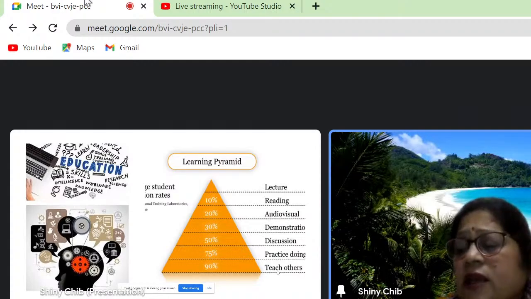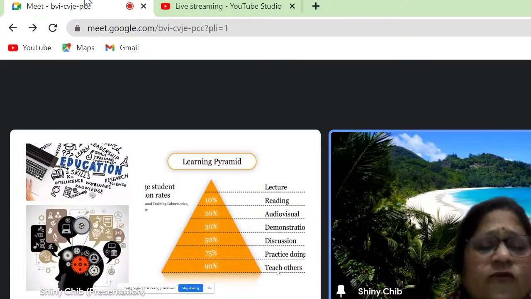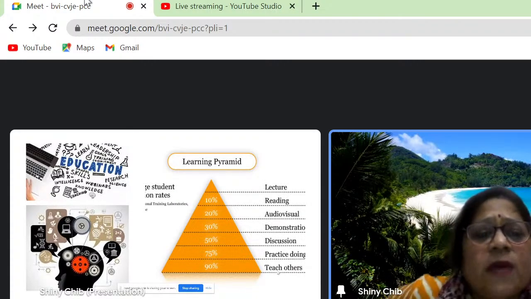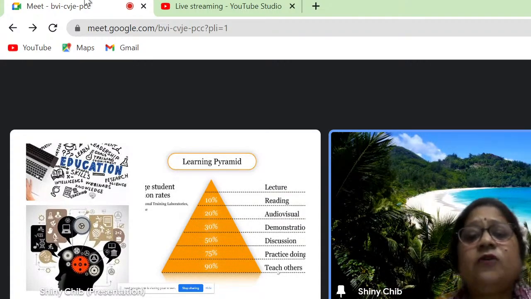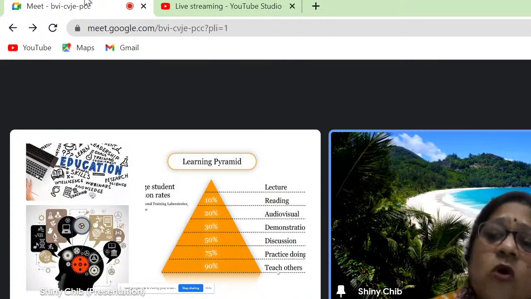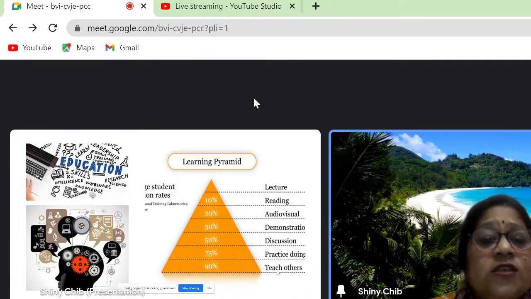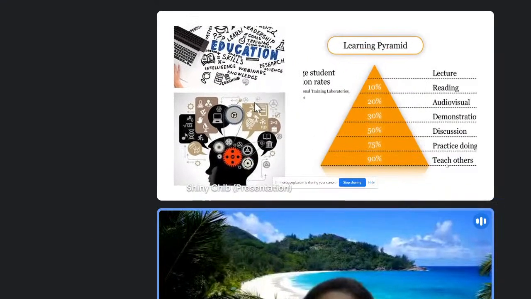I think maximum people are from commerce and accounts background here. So what you can do is bifurcate your class into small groups. First, try to identify the good students, meaning excellent students in that particular subject. Identify some 5 to 6 students and make them student teachers.